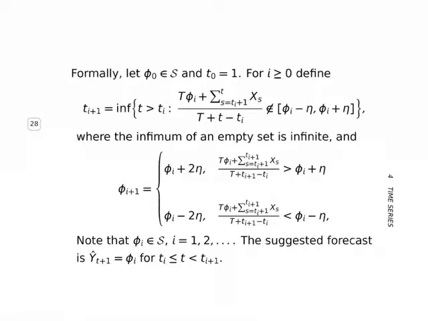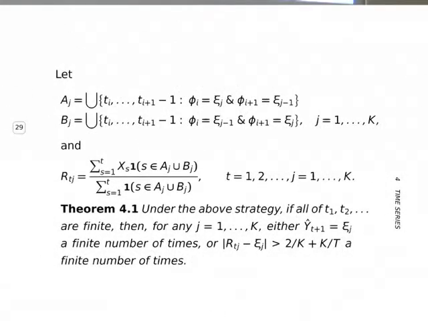T is a very large number, until the average is out of the small interval of phi I. It will take a lot of time because T is large; before small t is at least of the size of capital T, the mean will hardly move. And then, when I get out of this interval, I move either to the left or to the right. And this will be our next decision.